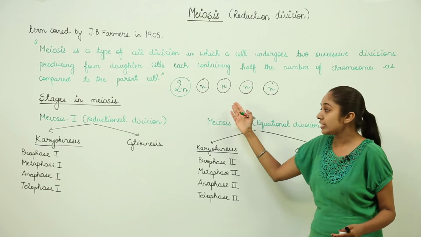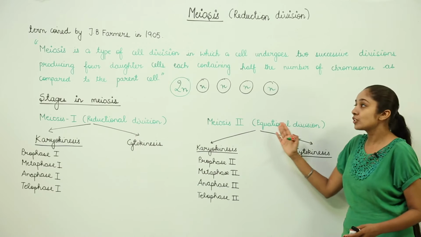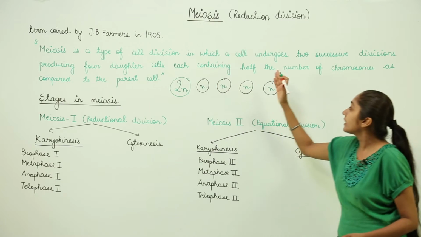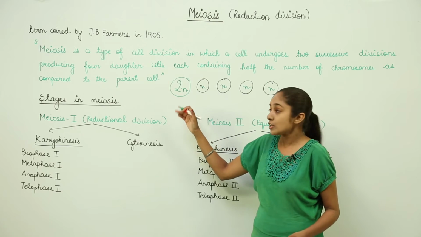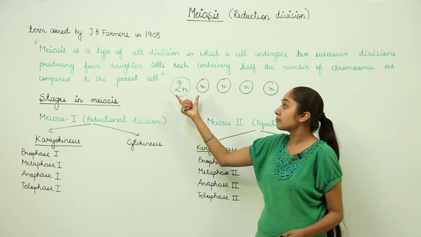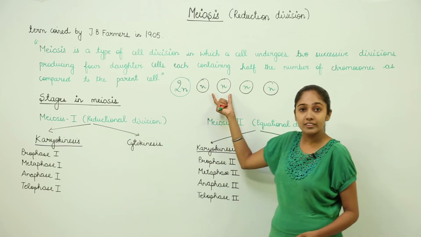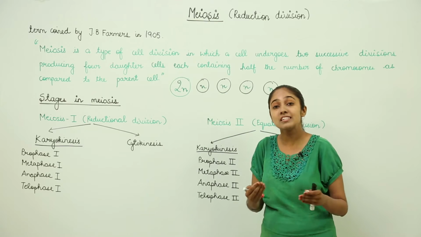This is achieved in 2 stages, that is meiosis 1 and meiosis 2. So the 4 daughter cells each contain half the number of chromosomes as compared to the parent cell. The parent cell has the diploid number of chromosomes, double what they have, and these daughter cells have the haploid number of chromosomes, half the number.